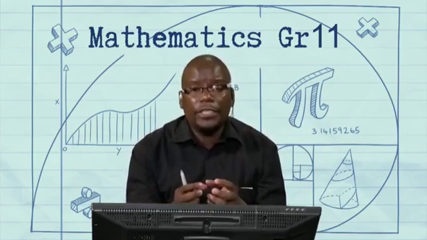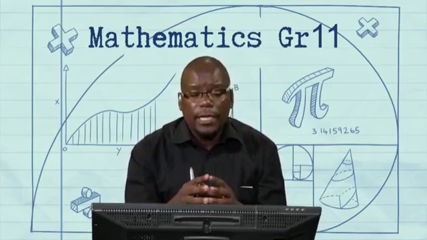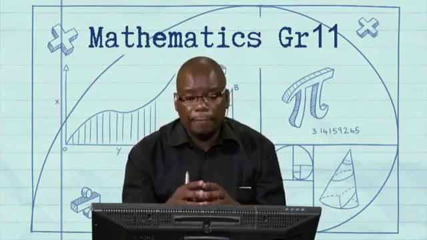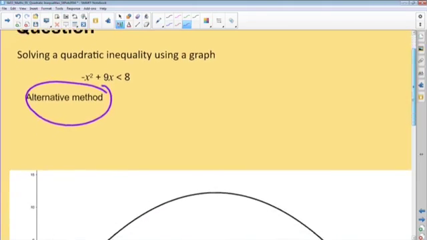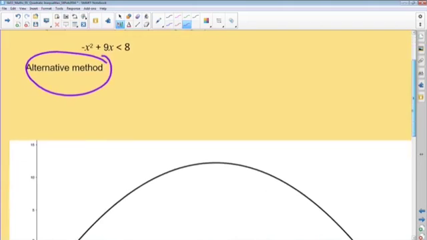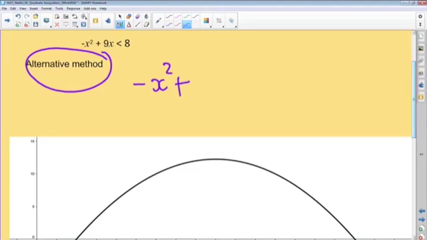I'm going to apply algebra, okay? And then from there, factorize, and we read off the graph. So that is what we have done in the previous example. So you've got minus x squared plus 9x less than 8. So that is minus x squared plus 9x minus 8 less than 0.